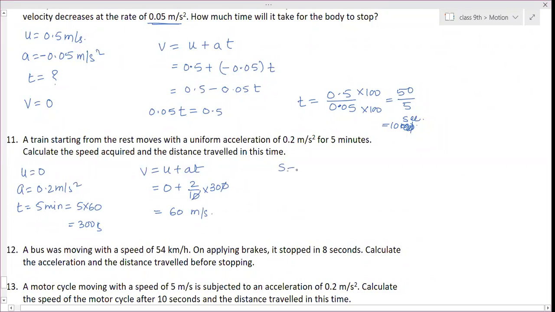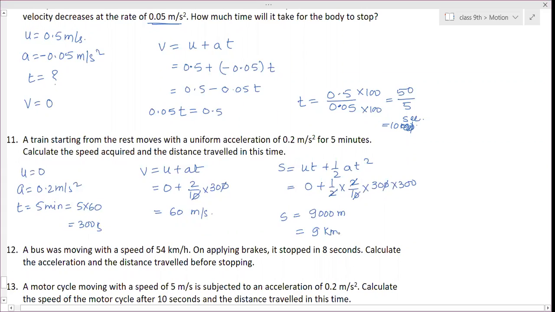And distance traveled, s is equal to ut plus half at square. u is 0, so ut is 0, plus half into 2 by 10 into 300 into 300. So this 2 gets cancelled, 1 zero gets cancelled. 30 into 300 is 9,000 meters.